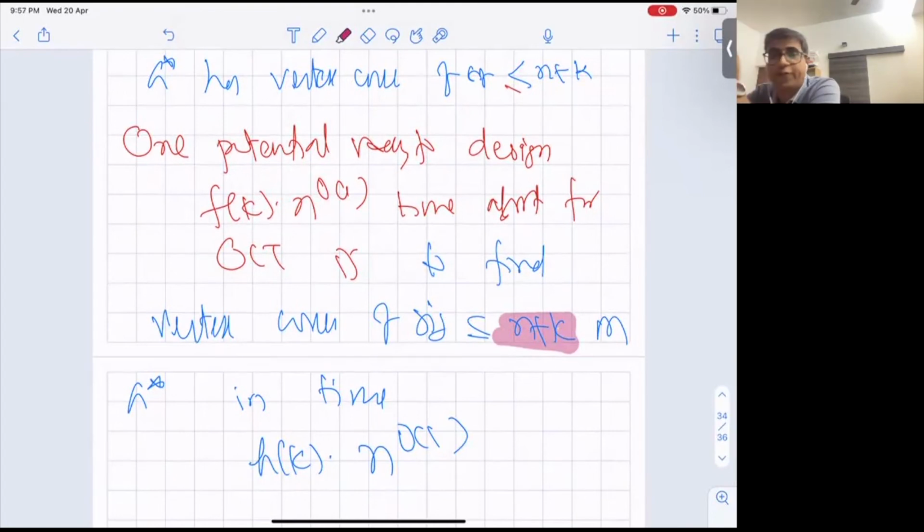Given a G, we can construct G star in polynomial time. Take two copies of G, and match edges between them.